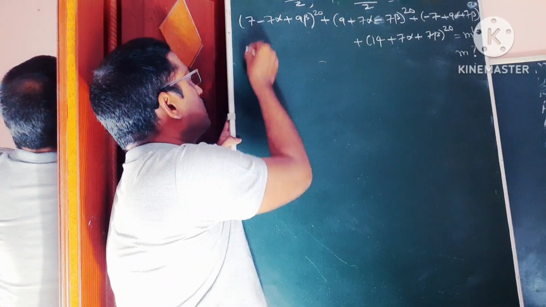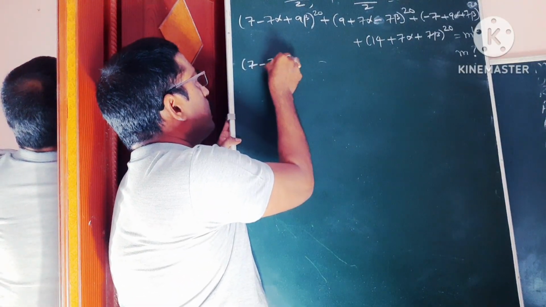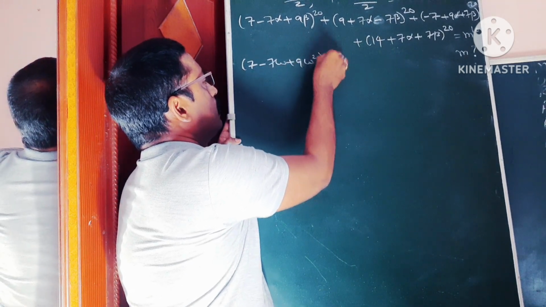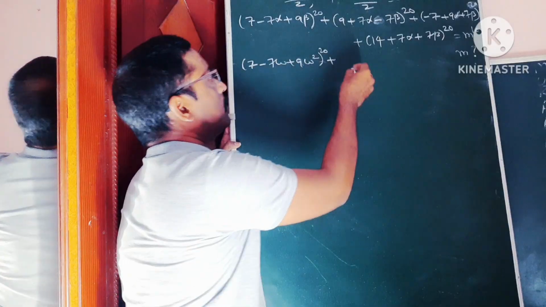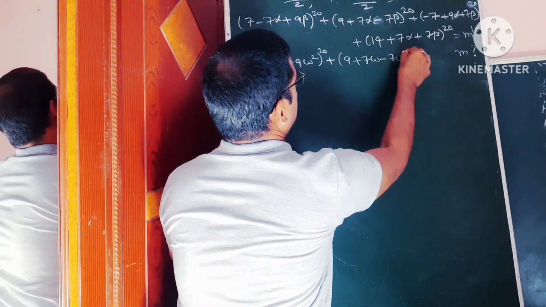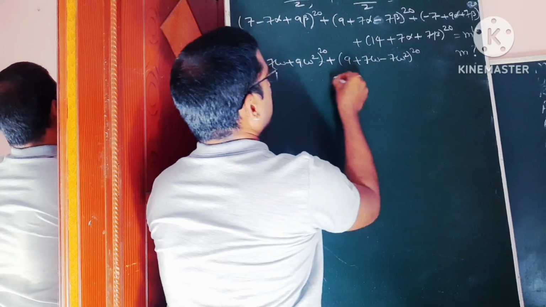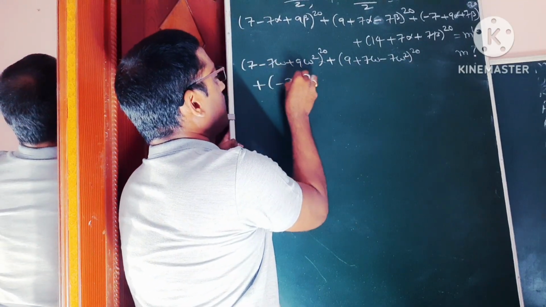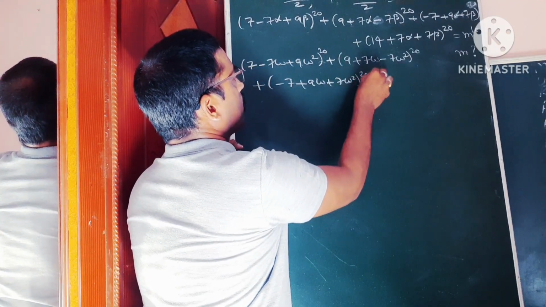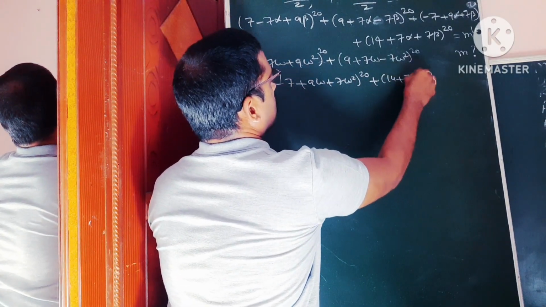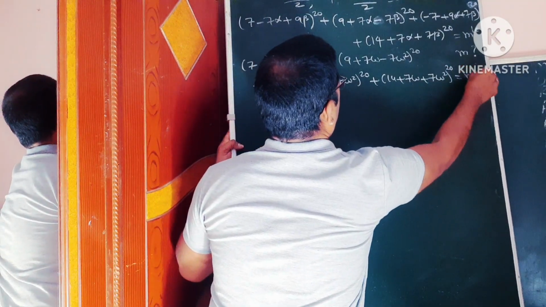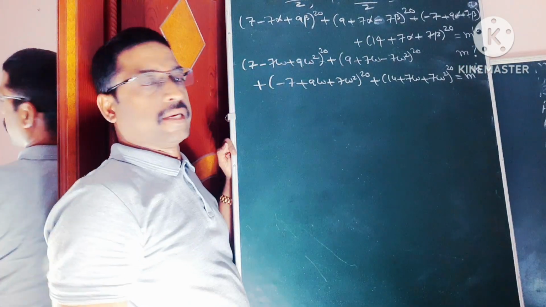We get (7 minus 7 omega plus 9 omega square) whole to the power 20 plus (9 plus 7 omega minus 7 omega square) whole to the power 20 plus (minus 7 plus 9 omega plus 7 omega square) whole to the power 20. (14 plus 7 omega plus 7 omega square) whole to the power 20 is equal to m to the power 10.